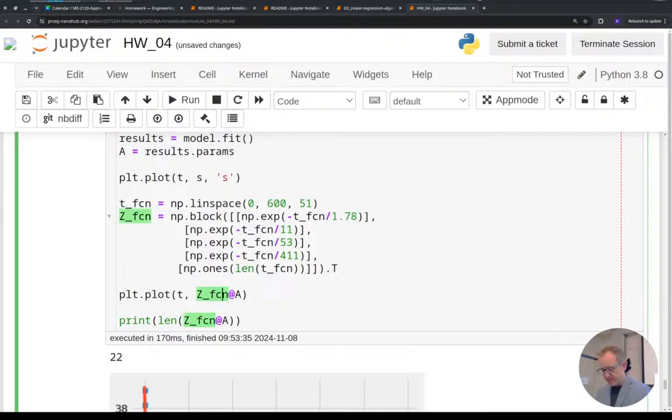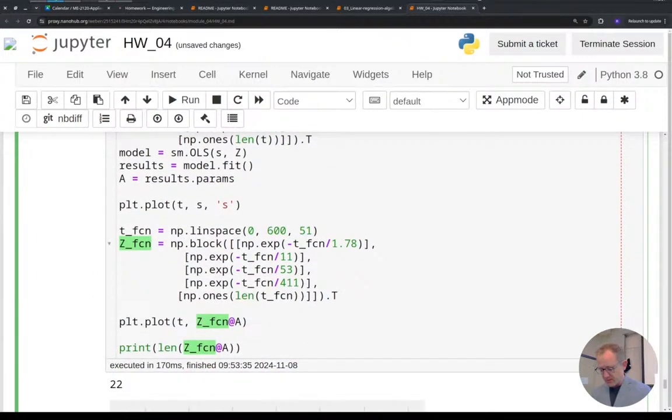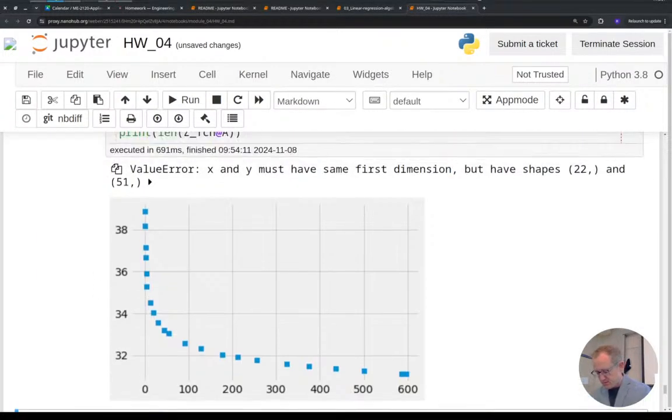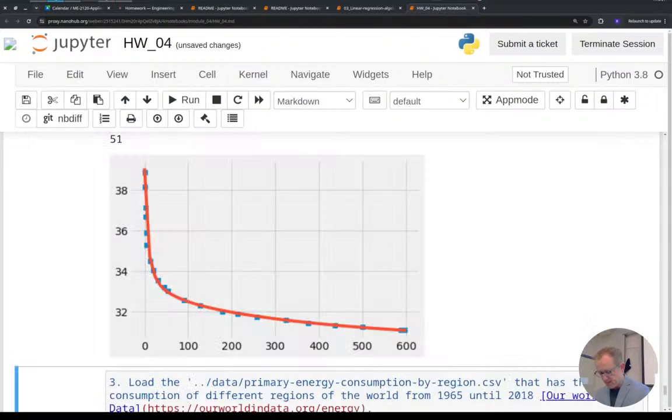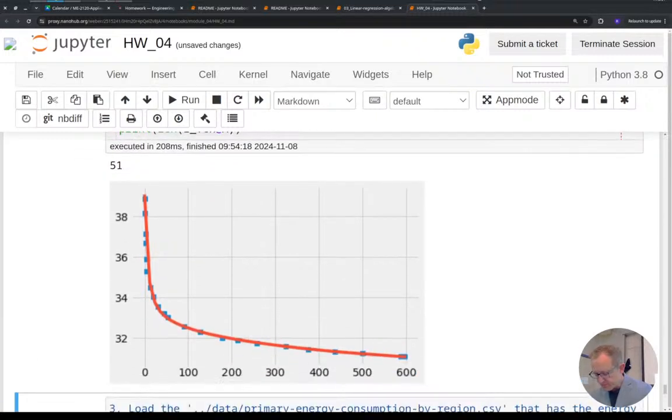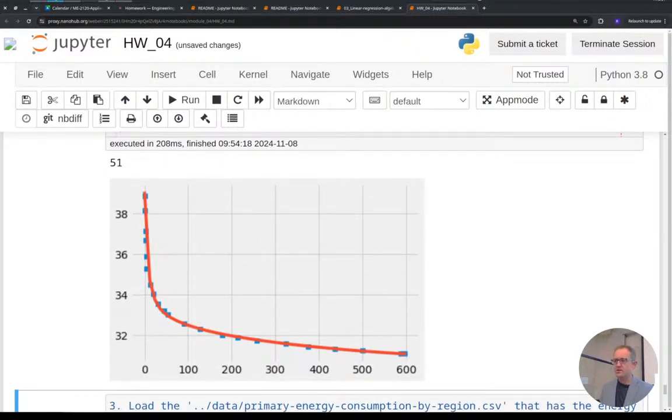So now instead of Z times that A, I'm going to use that Z function times A. And I set it up exactly the same way as my Z value. And I should probably use my T function like that. It doesn't make a huge difference because it was pretty smooth before, but now I have 51 data points in there, so it's a little bit smoother looking.